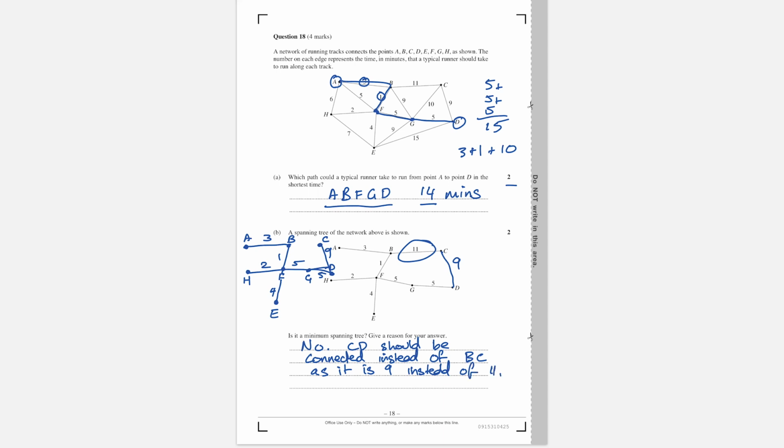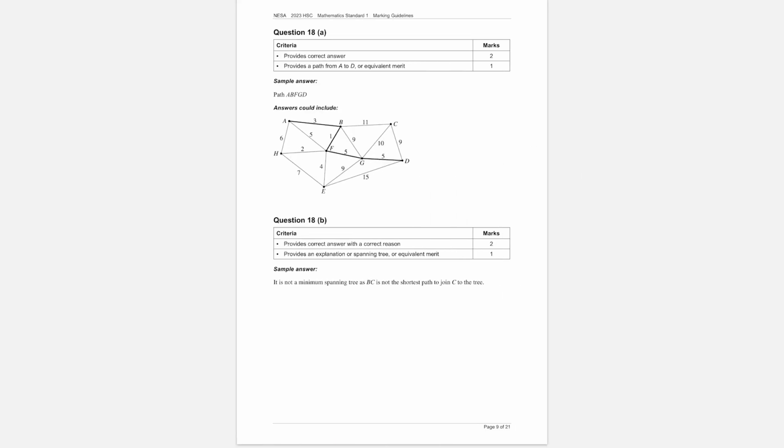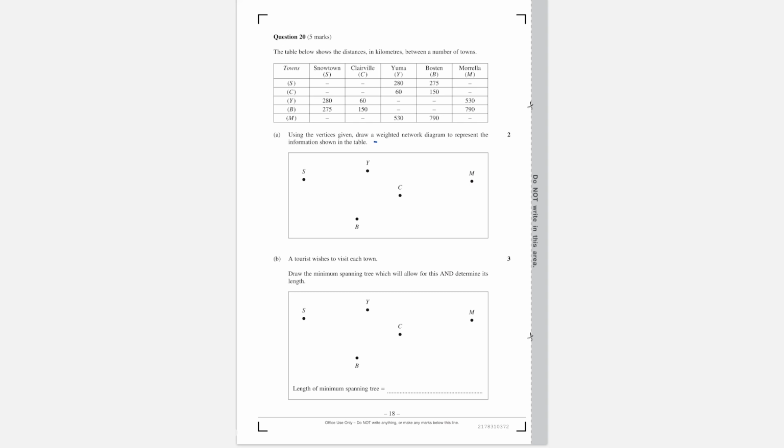Okay, that should do it. Yep, so our answer here was ABFGD, correct, and it's not a minimum spanning tree. BC is not the shortest path to join C to the tree. That's it.